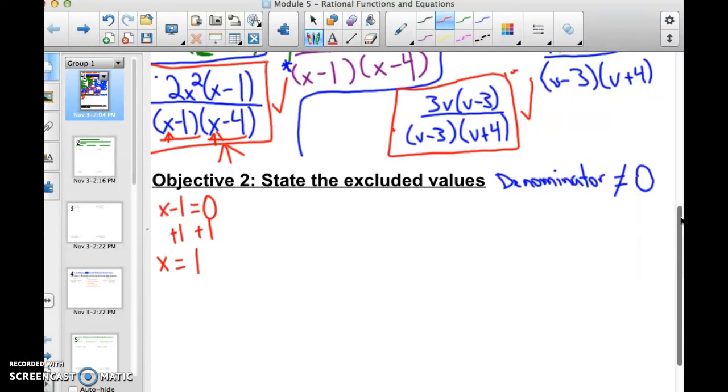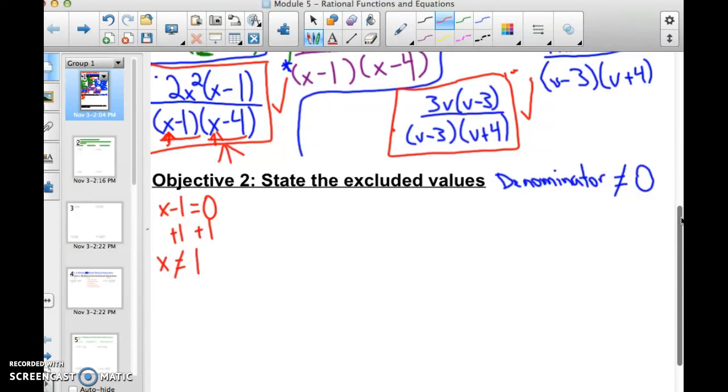That is the solution, but because it's in the denominator, I have to exclude 1 from this rational expression. Because if I put 1 back into this x, I get 1 minus 1, and that equals 0, and I can't have 0 in the denominator. So in this case, I have to exclude the solution of 1 from this rational expression.